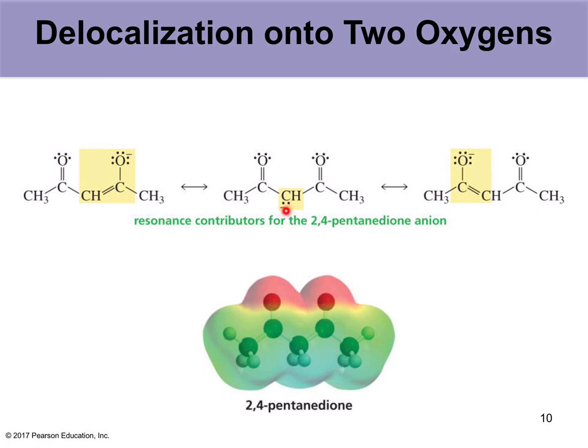It can delocalize onto this carbon. If it delocalizes into this carbon and then the carbonyl group, you get this structure. But if the delocalization takes place into the other one, you get this structure. So there are two resonance contributors.